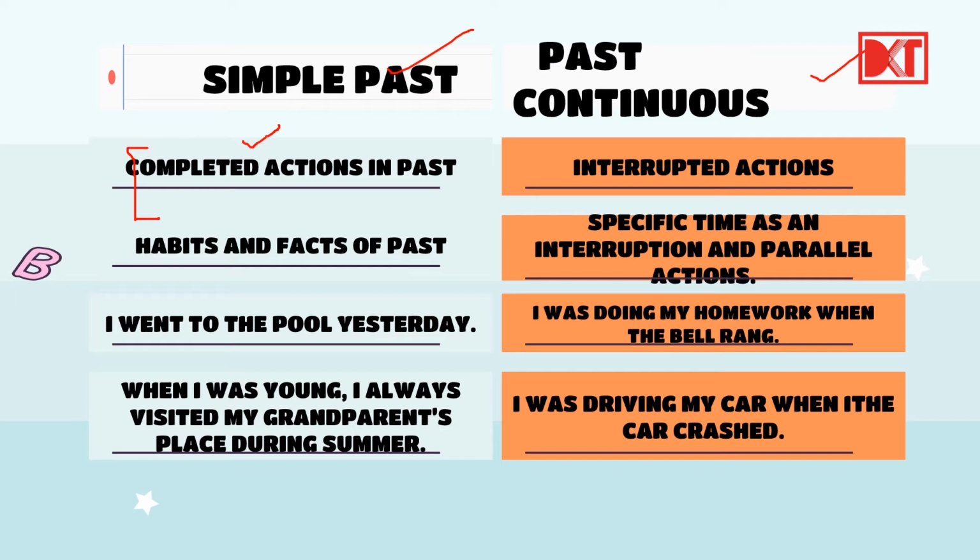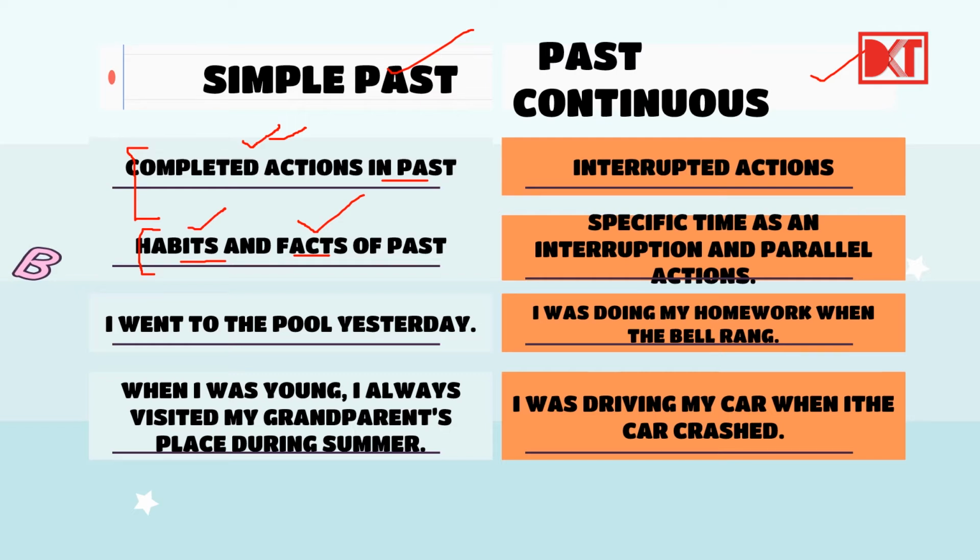And also some habits and facts of the past. जो पुरानी बातें हैं. कोई fact जो past में हो चुका है, जो habit जो past की है. So basically past की जो चीजें होती हैं, जो action जो complete हो गया, या फिर कोई habit जो थी past में, या फिर कोई fact तो था past का.